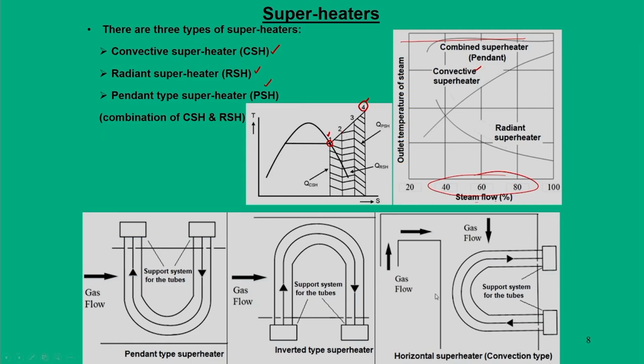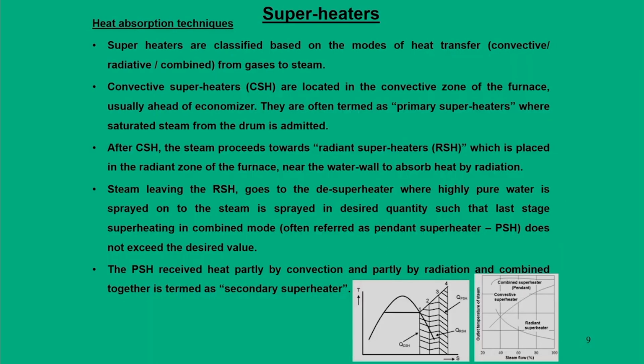Whereas a purely horizontal type superheater mainly operates in convection mode. This is how the configurations of superheaters are used for increasing the temperature of steam.